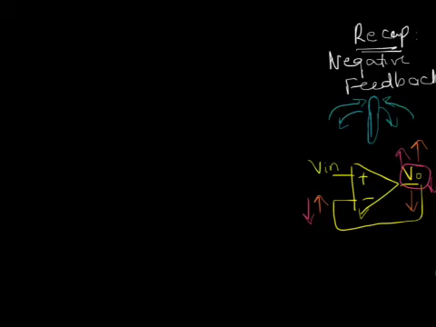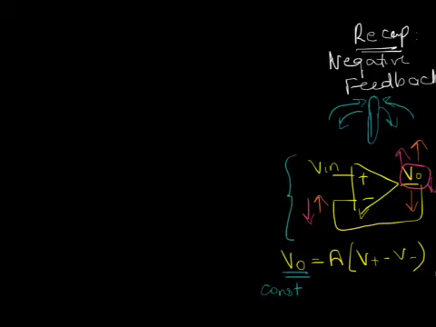Now, since we have such a system in place, we can look at the formula. VO is equal to A times (V plus minus V minus). We are assured that VO here is a constant, because we've seen here that if at all VO moves away from its value, it gets pulled back to its original value.